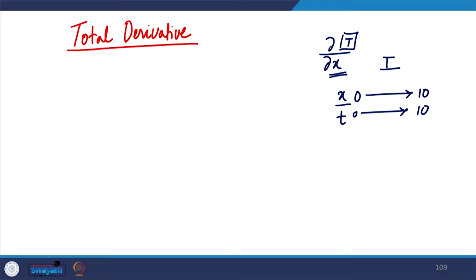How does it change? If this derivative is a positive quantity, it indicates that as x changes from one point to another point, the temperature will change. Let us take an example. Consider a cubical volume, a three-dimensional space.